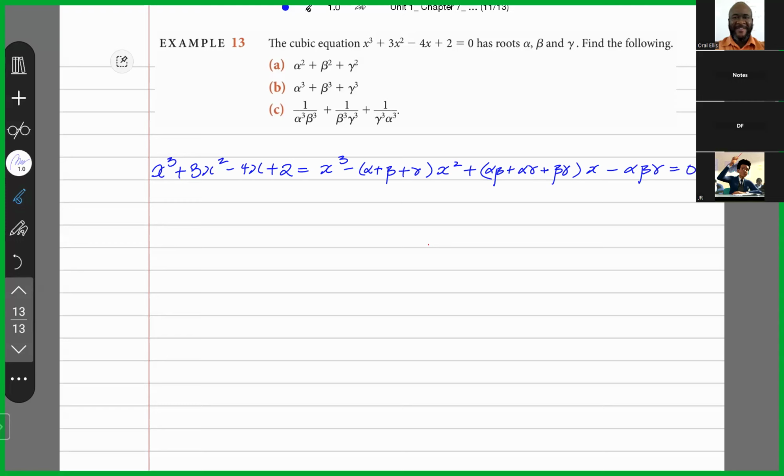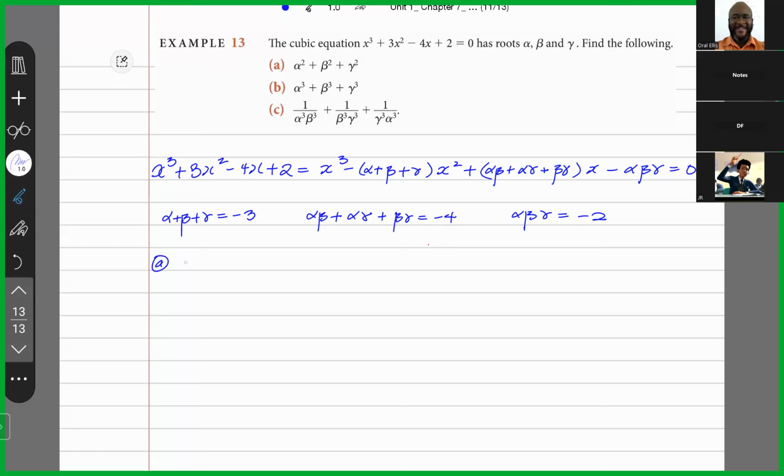So equating coefficients, we can see that alpha plus beta plus gamma is minus 3, alpha beta plus alpha gamma plus beta gamma is equal to minus 4, and alpha beta gamma is equal to minus 2.